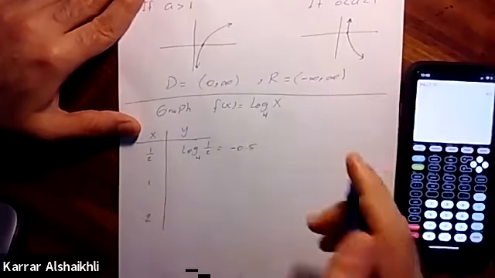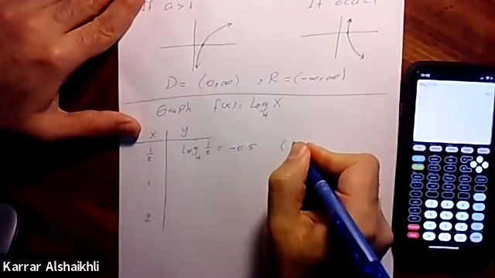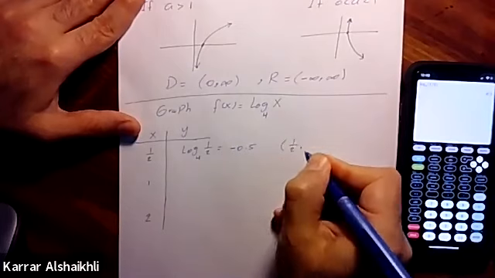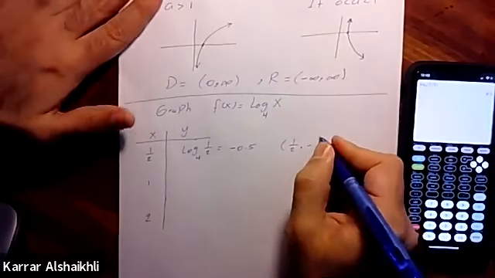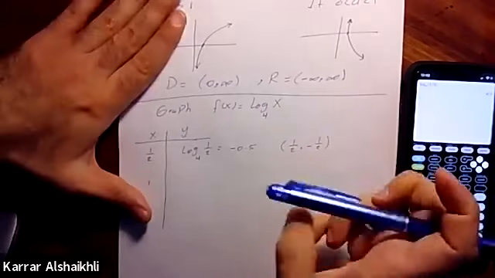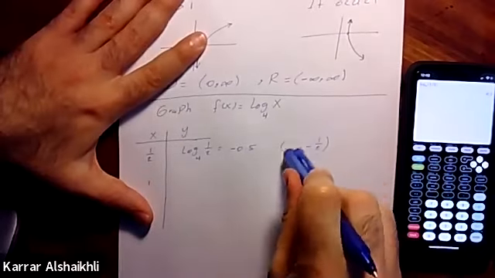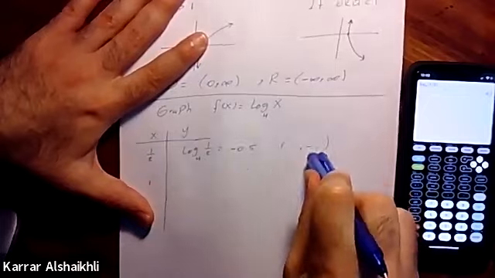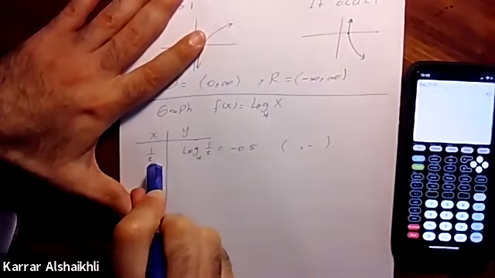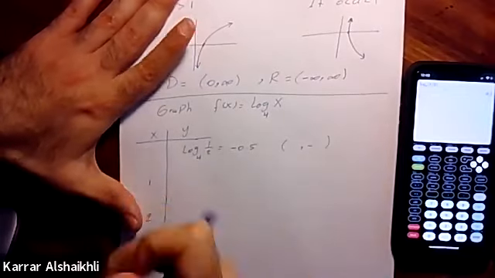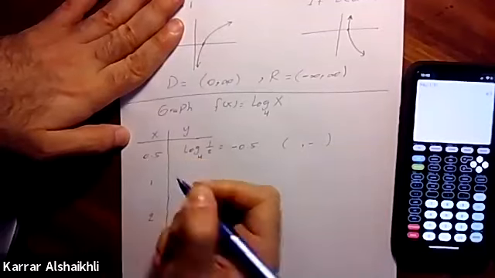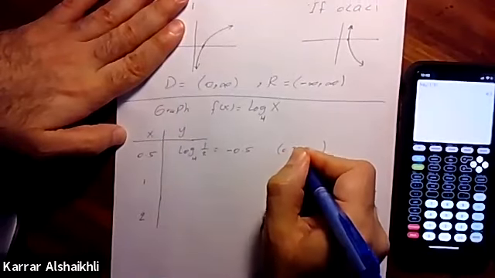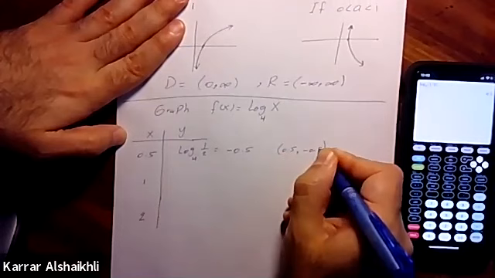That means the first point is going to be half and negative half, because 0.5 is half. It's up to you how you write it down, so as not to confuse you, let's write down 0.5. So it's going to be 0.5 and negative 0.5.